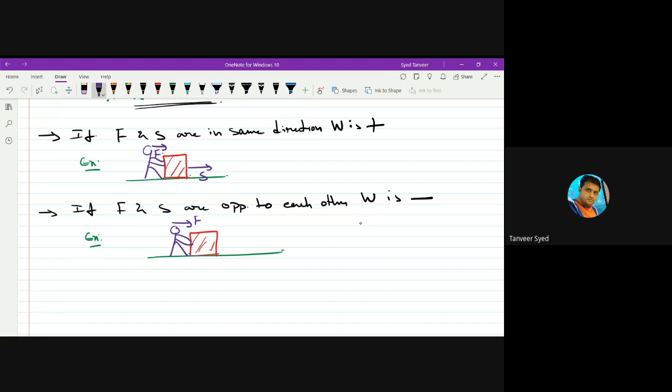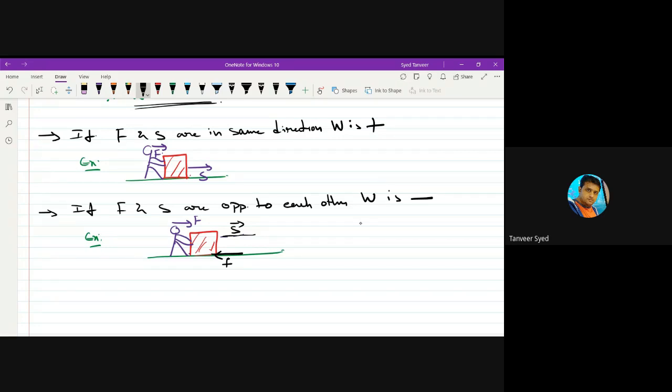The block is getting displaced in the same direction, but friction is acting on the block in this direction. This is the direction of friction, and this is the direction of displacement. So friction and displacement are opposite to each other.